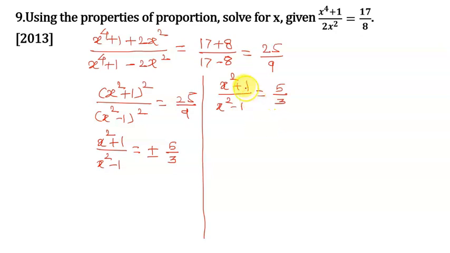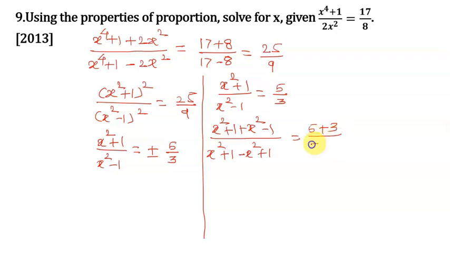Again apply the componendo and dividendo. Then you will get here x square plus 1 plus x square minus 1 upon x square plus 1 minus in bracket x square minus 1. This will have the minus sign. Minus 1 will become plus, and here to the right hand side 5 plus 3 upon 5 minus 3.